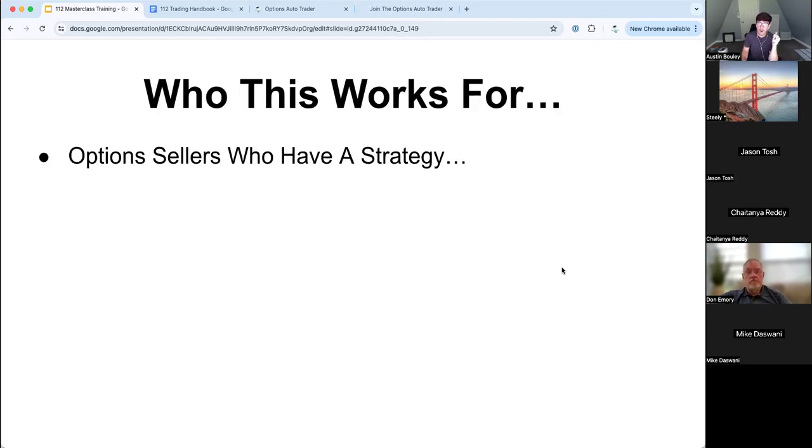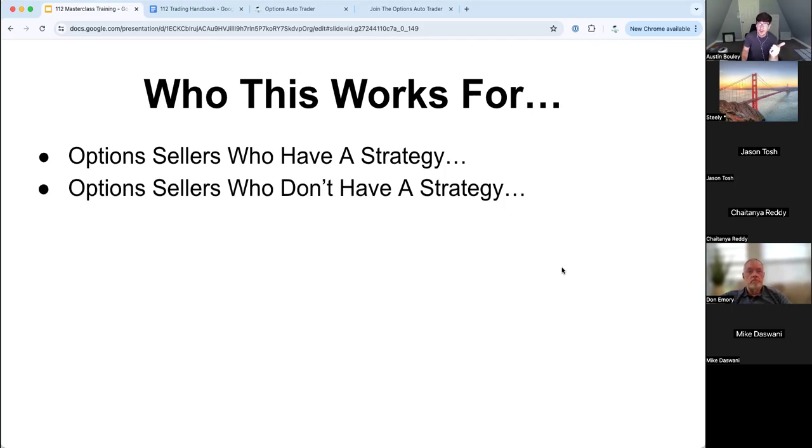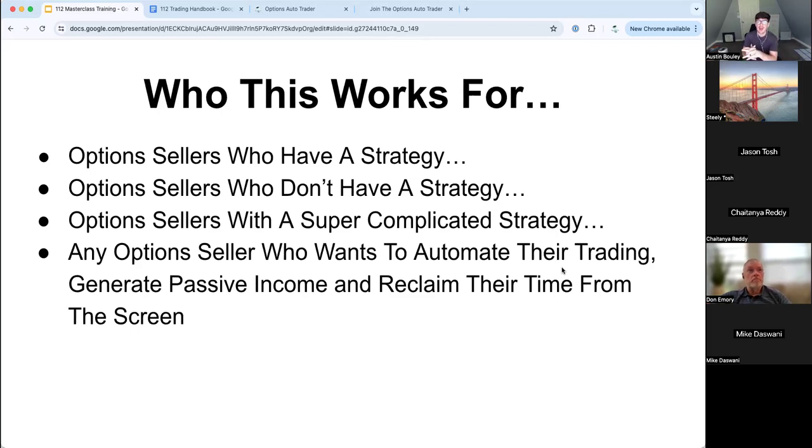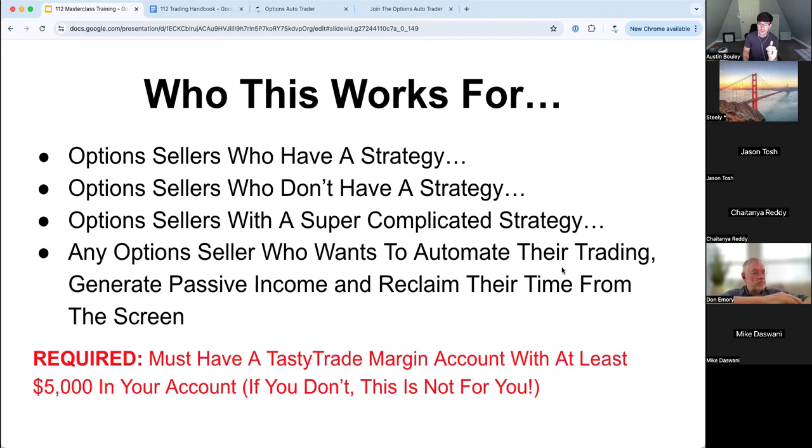This works for option sellers who have a strategy and those who don't, because you can use one of our proven templates. It works for people with a complicated strategy or a simple strategy, or any option seller who genuinely wants to automate their trading, generate passive income, and reclaim their time from being stuck to the screen 24/7.